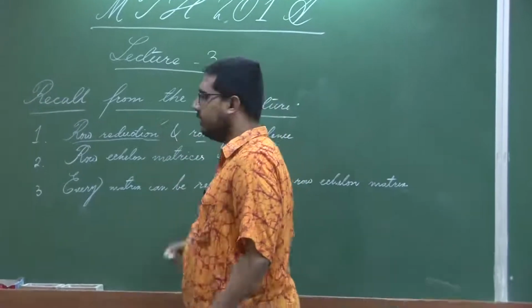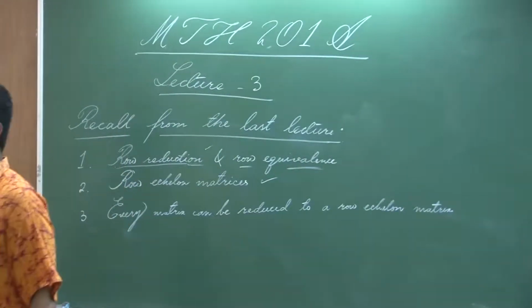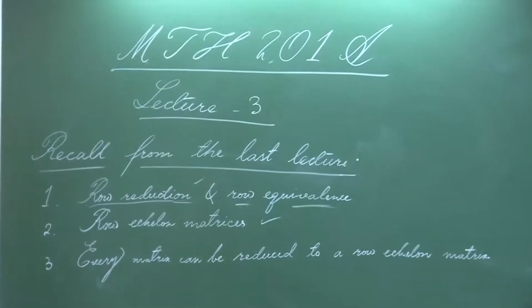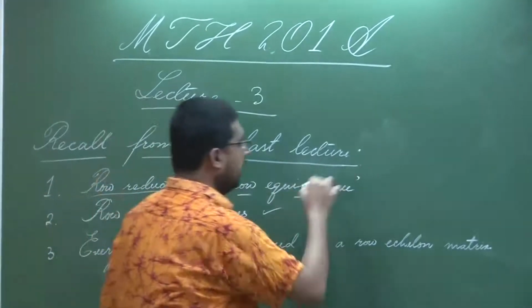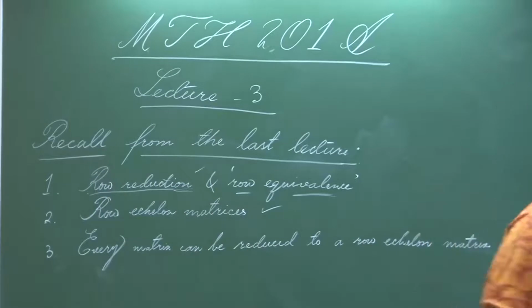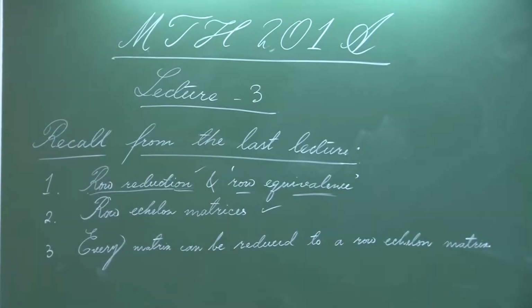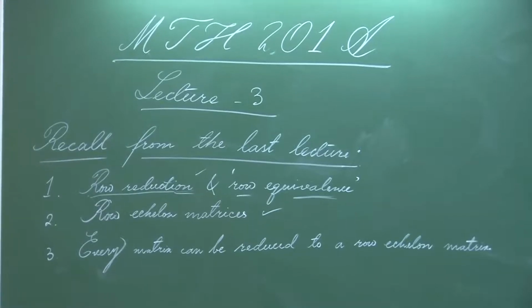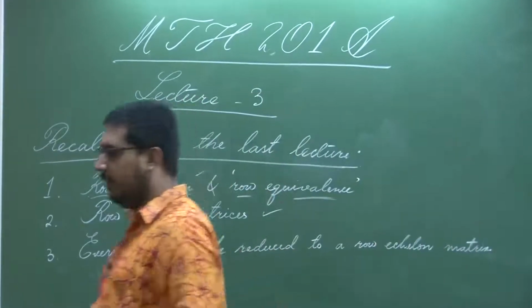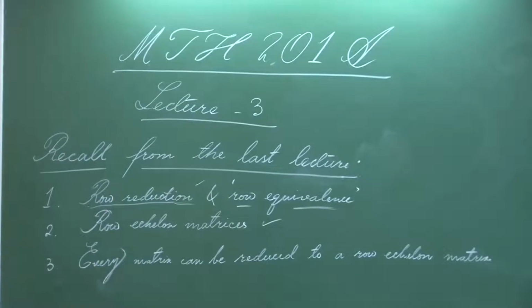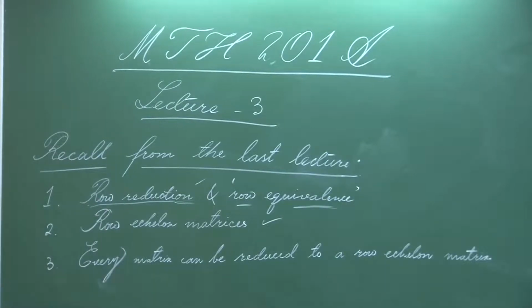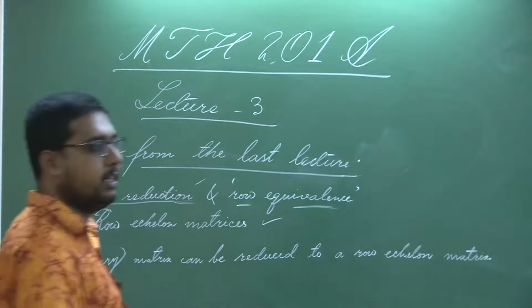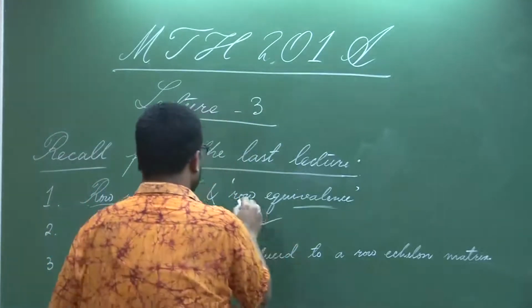Row reduction is nothing but applying some elementary row operations, and row equivalence means that given two matrices, if one can be reduced to the other, then we say these matrices are equivalent, and this relation is an equivalence relation.